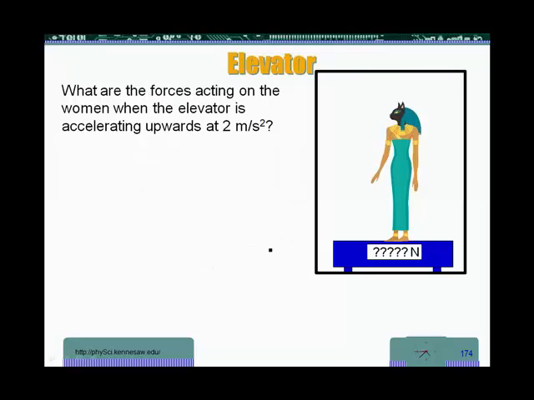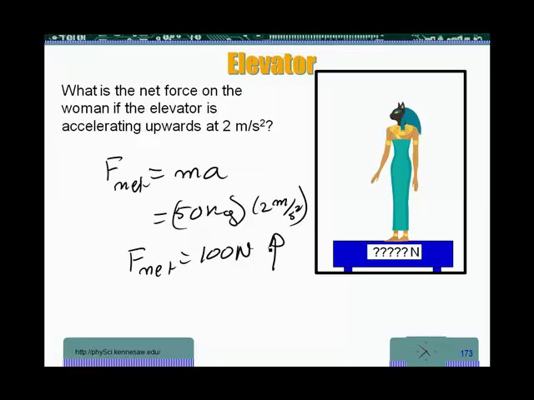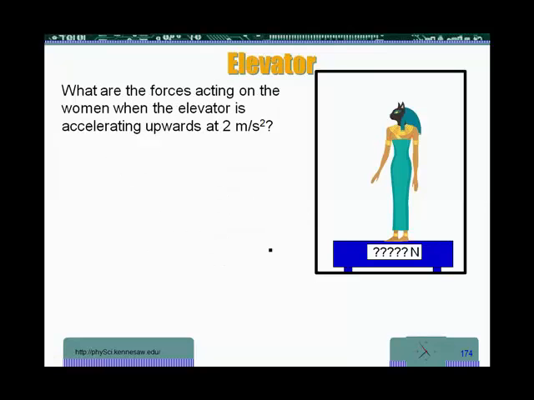Now, what are the forces acting on the woman while she's accelerating? One thing that we know now, since what we just have calculated, the net force on the woman is not zero anymore. What that means is the forces acting on her are not balanced anymore. Okay? What are the forces acting on her? The gravitational force, F G of Earth on a woman. Is that going to change? Of course not.